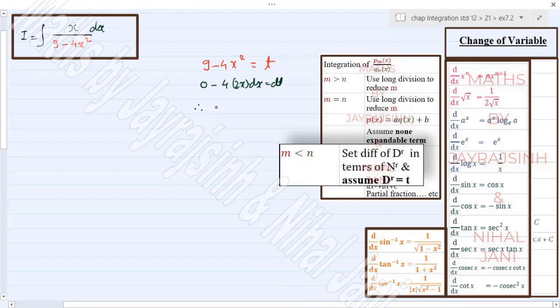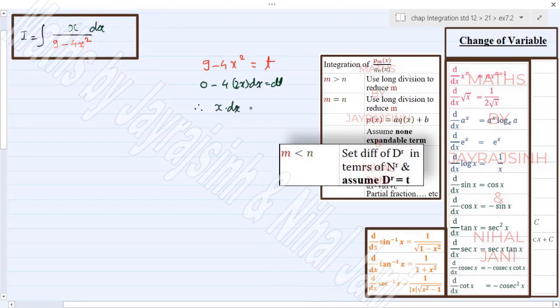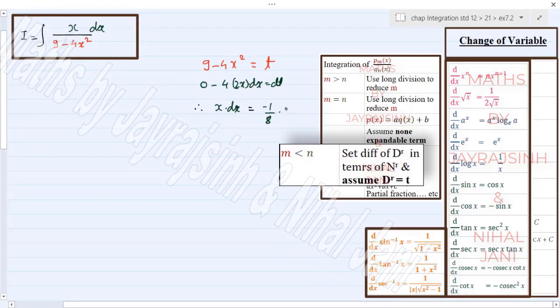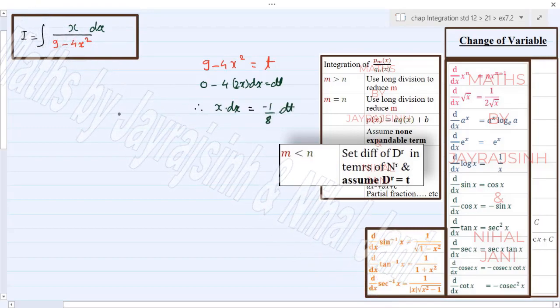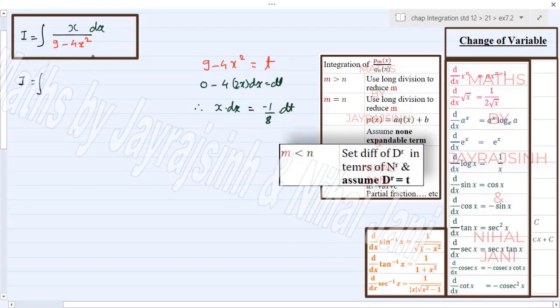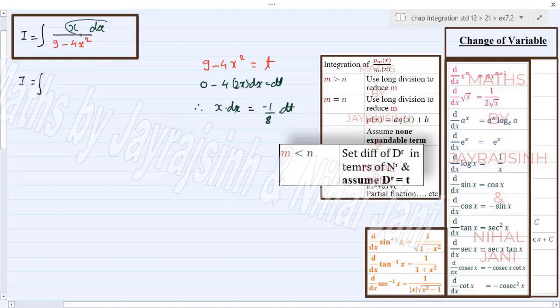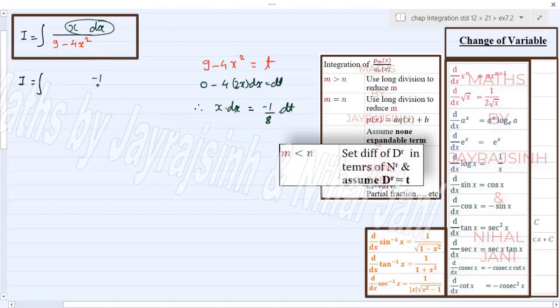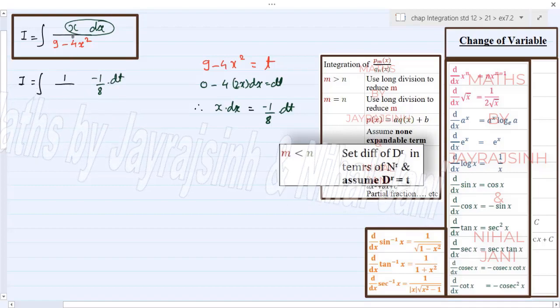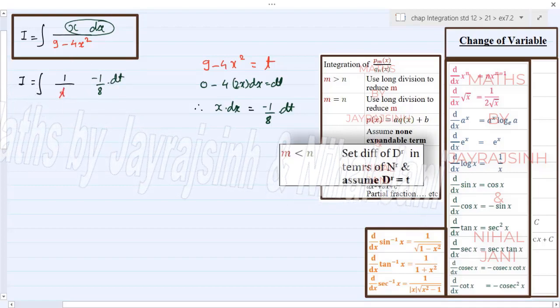Or we can say x dot dx is simply minus 1 by 8 dot dt. So we are ready to modify our integration. Instead of x dot dx, we can write down minus 1 upon 8 dot dt, and 1 upon 9 minus 4x square will become your t.